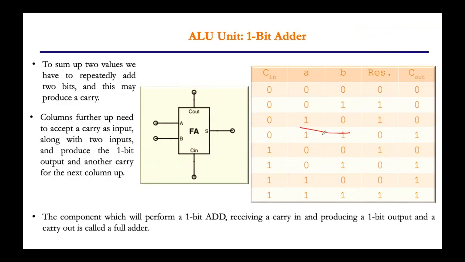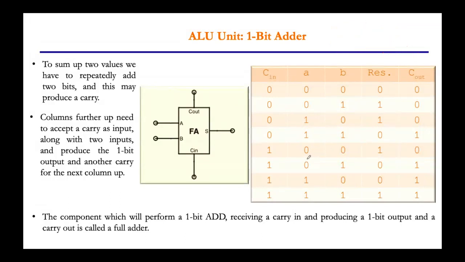In the third case, A is 1, B is 0, result is 1. In the fourth case, when A is 1, B is 1, 1 plus 1 is 1, 0. So this 0 is your result, 1 is your carry out.